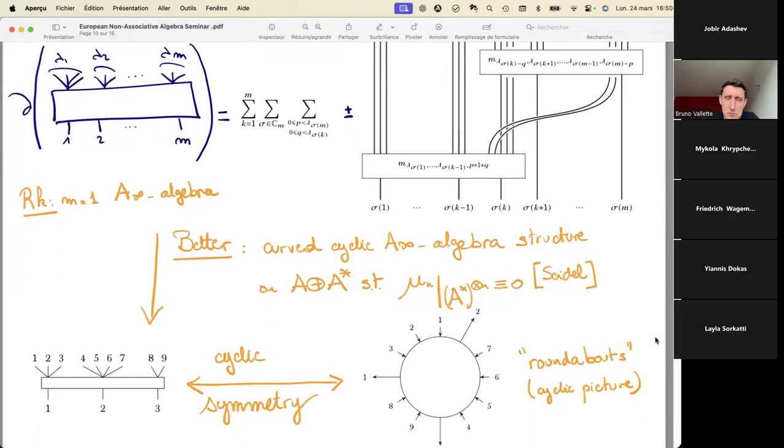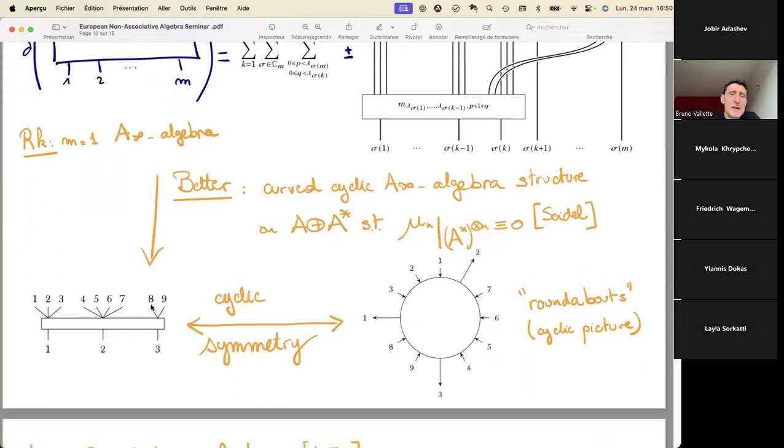So what do we do? Instead of considering boxes that are cyclic skew-symmetric, like a ribbon or a bracelet that you turn around, you write them in a cyclic way. These are the kind of pictures that you find in Kontsevich, Takeda, Vlassopoulos.